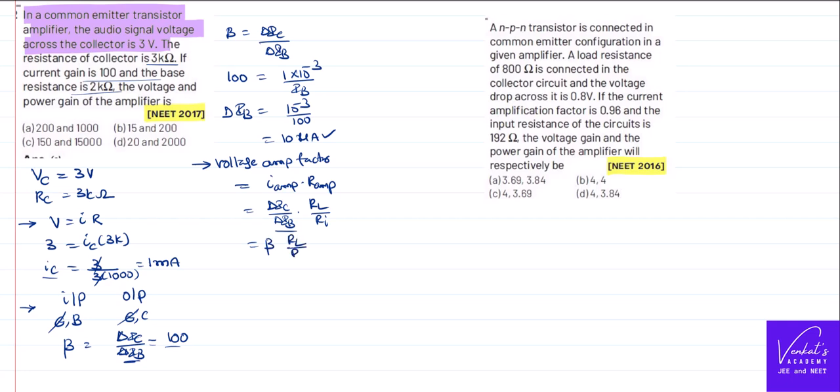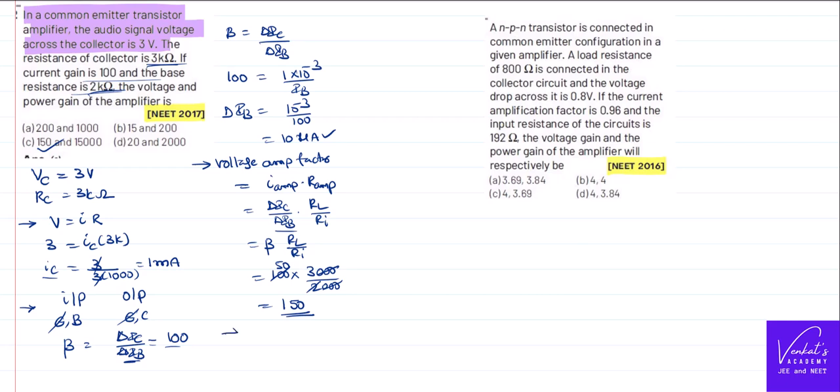So beta into RL by RI. Beta is given as 100. RL is the collector resistance, that is 3 kilo ohms. RI is the base resistance, that is 2 kilo ohms. So this becomes 50 into 3, that is 150. So the voltage amplification factor is 150, so automatically this is the answer.